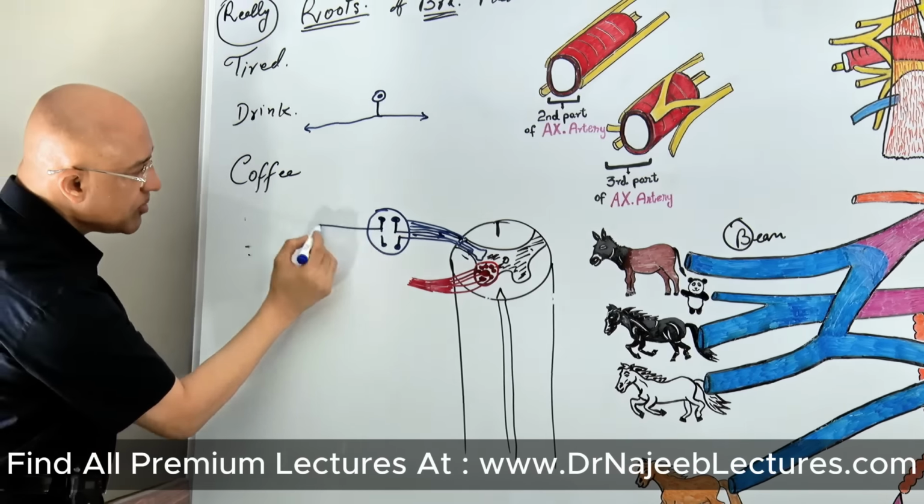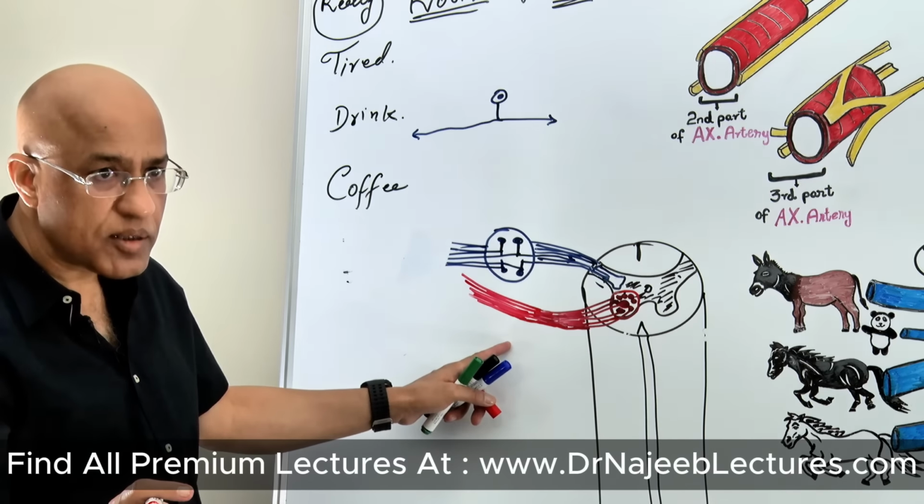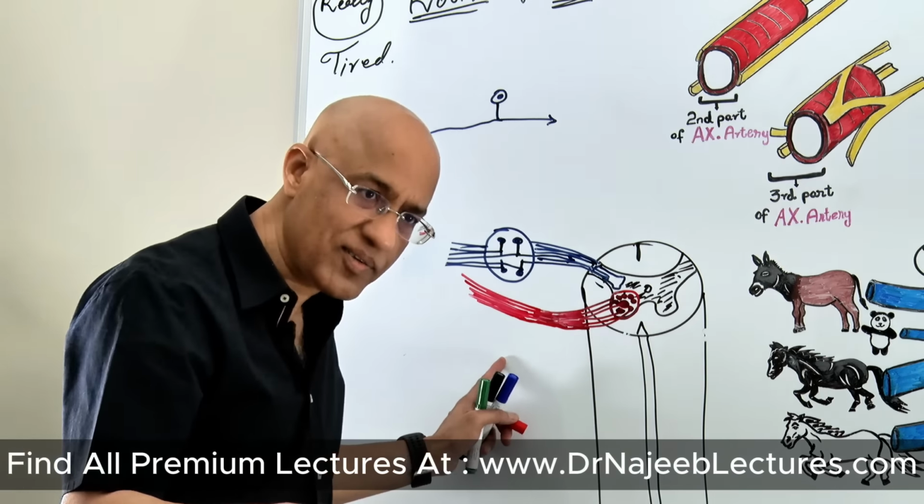There are motor fibers which are connected with the spinal cord, and there are sensory fibers which are connected with the spinal cord, right? Now these motor fibers which are connected with the spinal cord and exiting here are called motor roots of the spinal cord. Please don't confuse these motor roots of the spinal cord with the roots of the brachial plexus. We have not yet reached the brachial plexus.